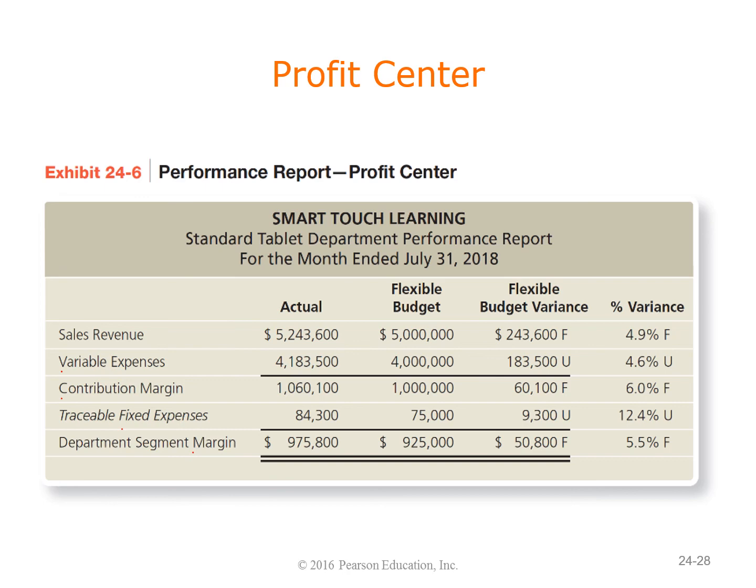So here I'm going to compare the actual with the flexible budget, and the variance is the flexible budget variance, and this is the percentage of variance as we explained. The only difference here, because we are talking about the profit center, is that we included sales revenue and expenses.